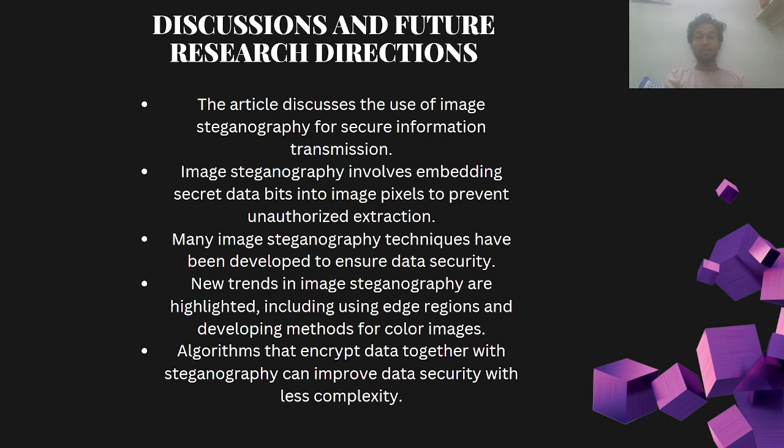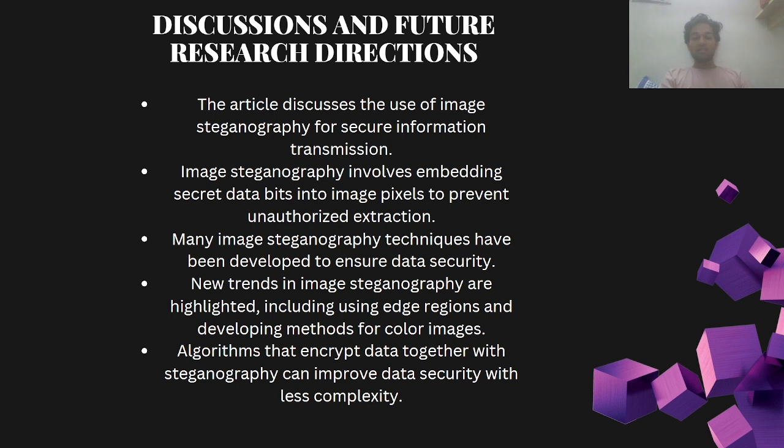So the article notes that a good trade-off between payload, image quality, and security should be created to improve the overall performance of the method in all dimensions. So edge-based image steganography and chaos-based encryption methods could be used together to achieve this. However, the computational complexity of image steganography is still an open area for researchers.